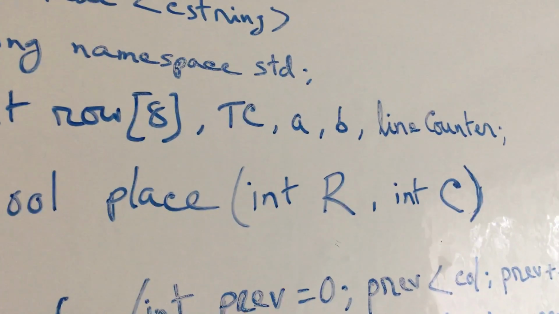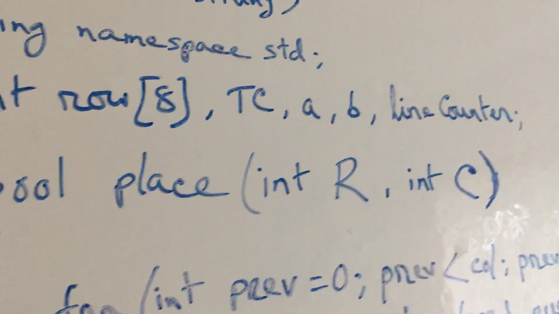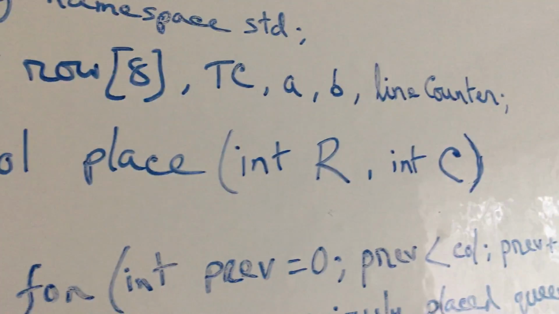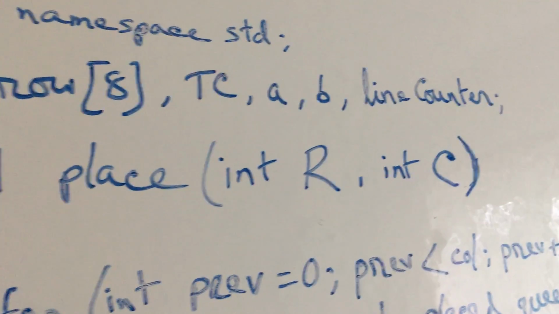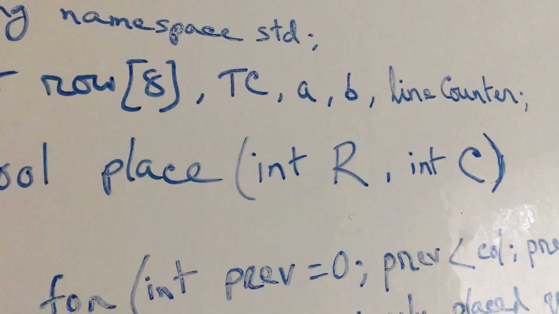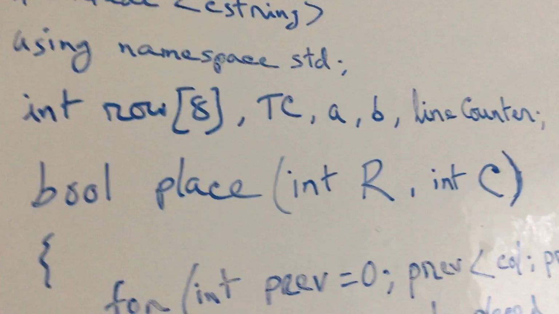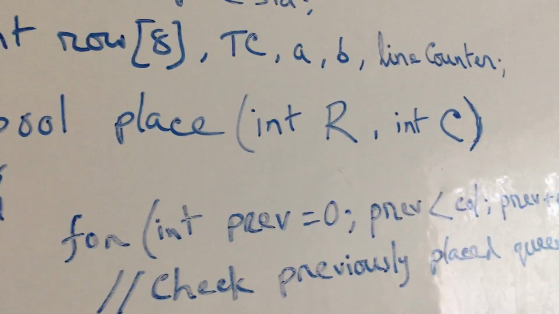And we can have placeholder variables for the test case, the number of test cases, and the row position or column position, and also the line counter, which is for counting how many lines we are iterating through in our solution.